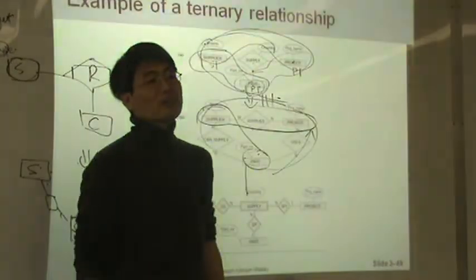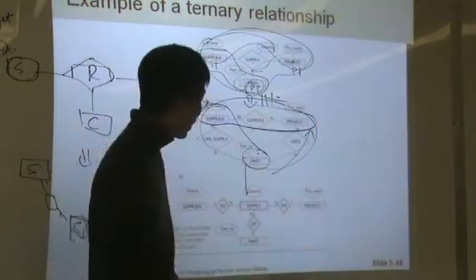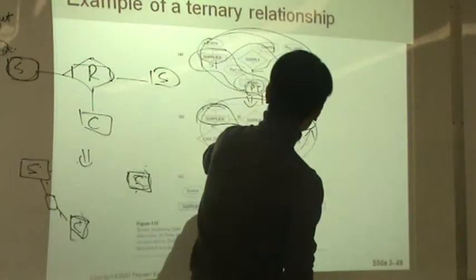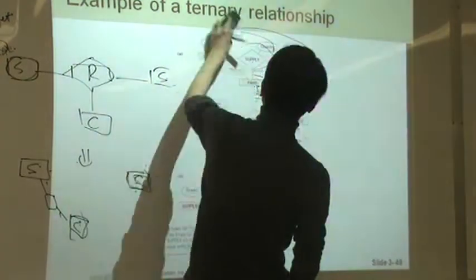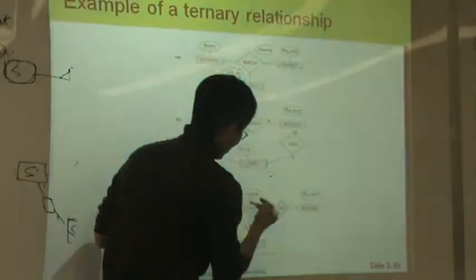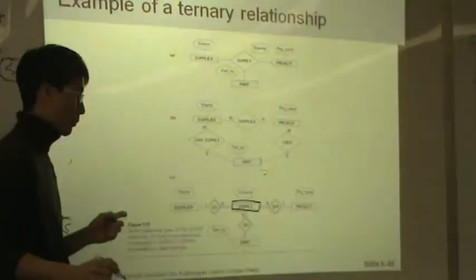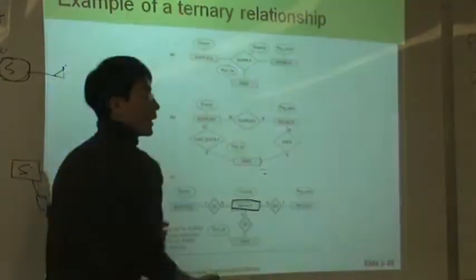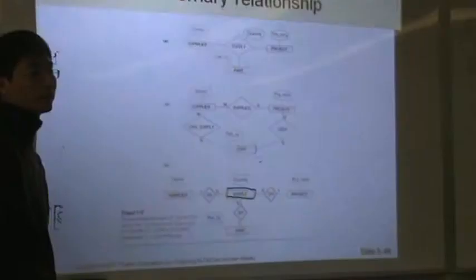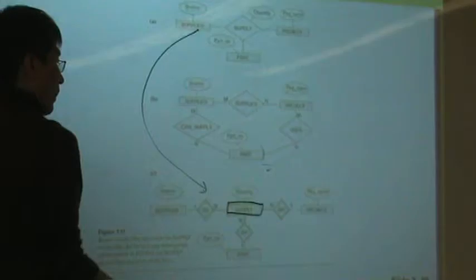That's the limitation of the relational database. Or another possibility is we can create another entity for the relationship supply, then connect all of them using binary relationships. What about this? Not exactly the same, but better than this one.